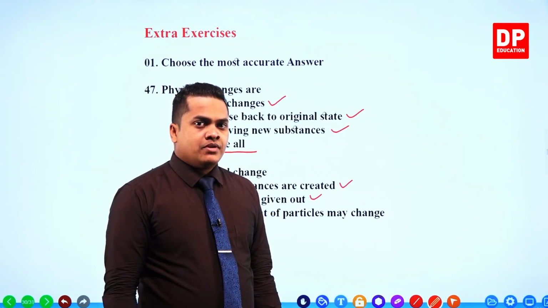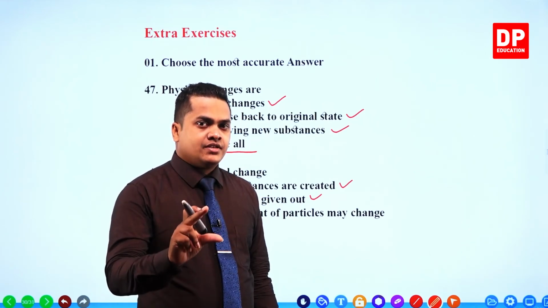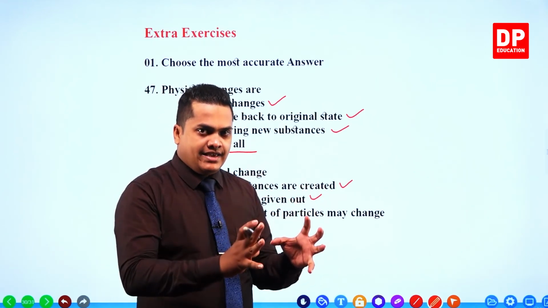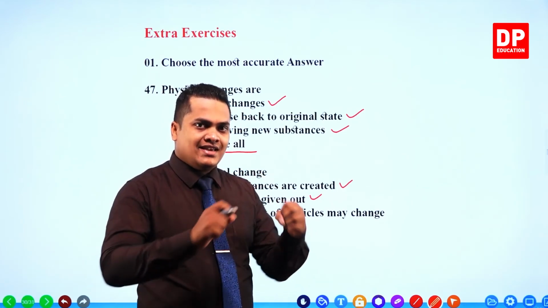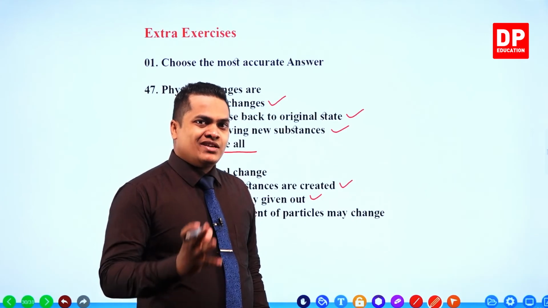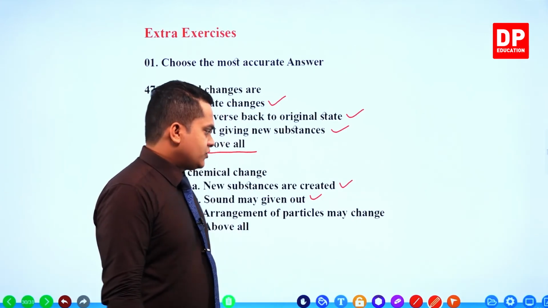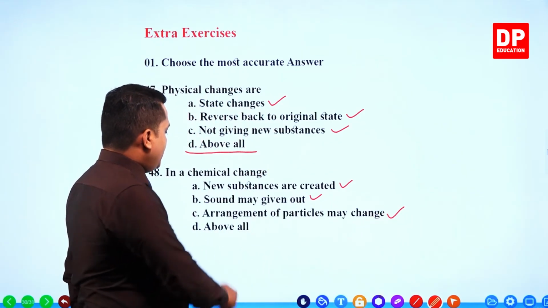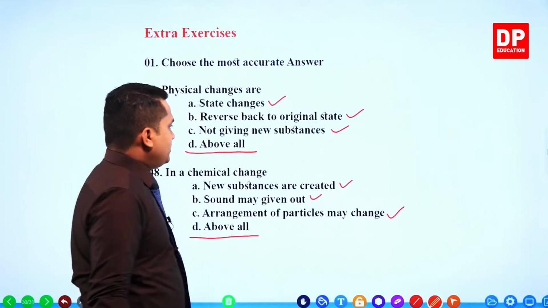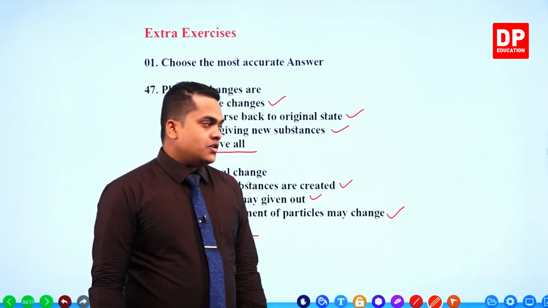I think you could remember during the formation of magnesium oxide, I drew it and showed that magnesium is like A, oxygen is like B. So magnesium oxide is like AB. So the arrangement is going to change in forming new substances. So this is also correct. So the correct answer would be above all. All of these things are correct.